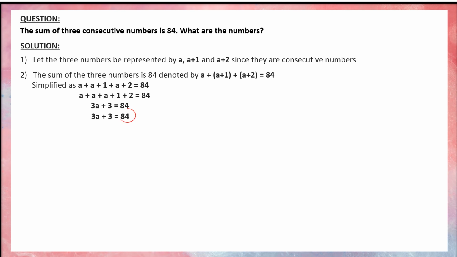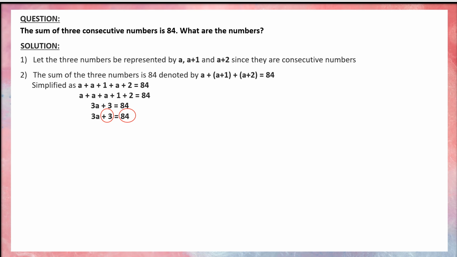So what we'll simply do is to identify the like terms again. On the left hand side, you have 3A plus 3. 3 apples, for instance, plus an orange will still give us 3 apples plus an orange. So they cannot be simplified further in terms of addition.